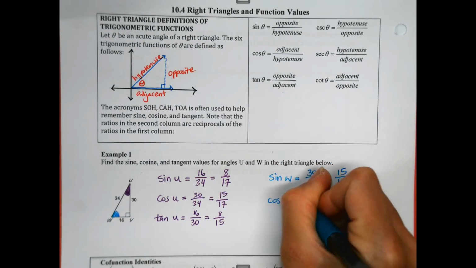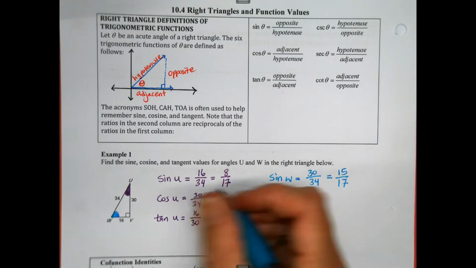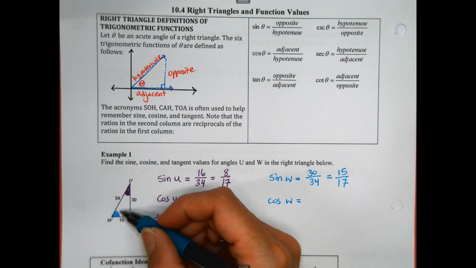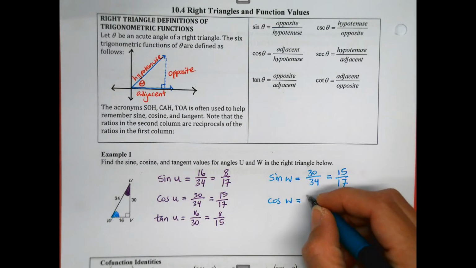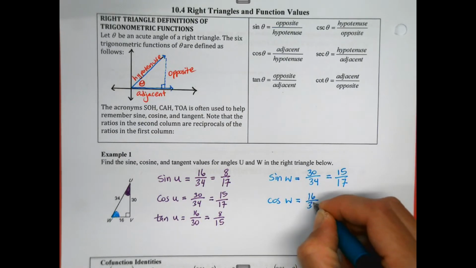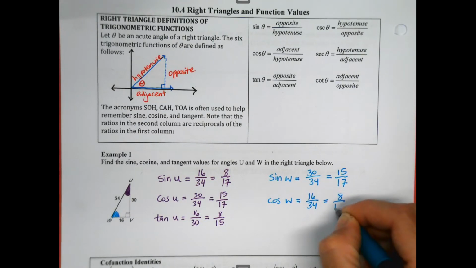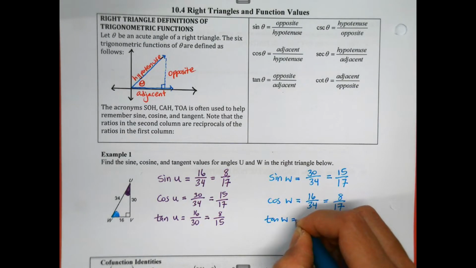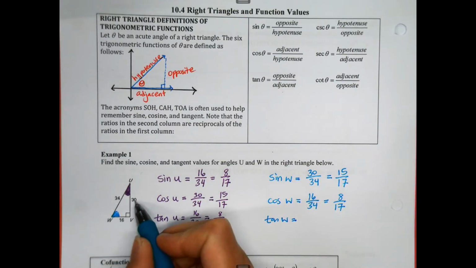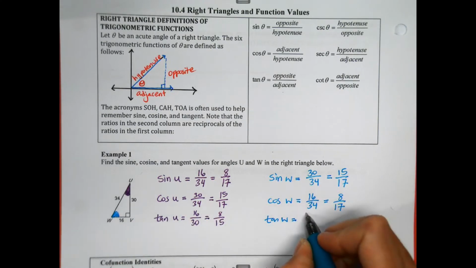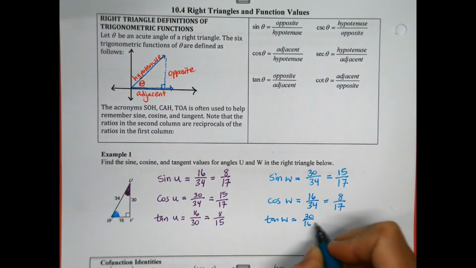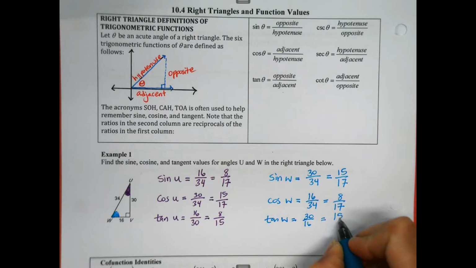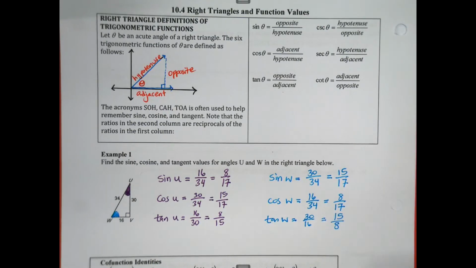Cosine of W is going to be 16 over 34, adjacent over hypotenuse. Simplifies to 8 over 17. And tangent of W is going to be opposite, which is 30, over adjacent, 16. And it is 15 over 8 if we simplify.